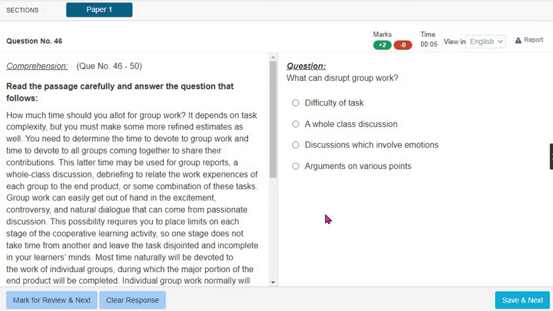What can disrupt group work? Difficulty of task, whole class discussion, discussion which involves emotion, argument on various points.